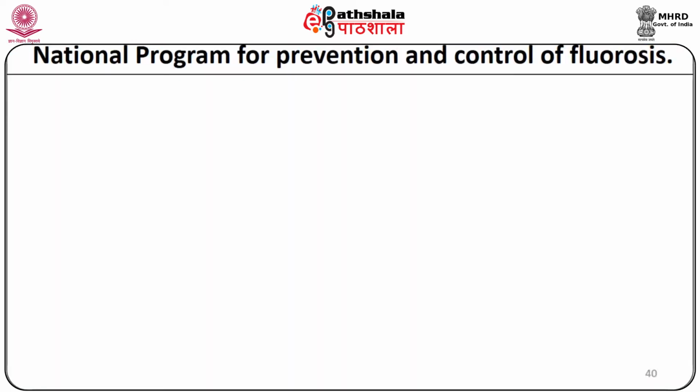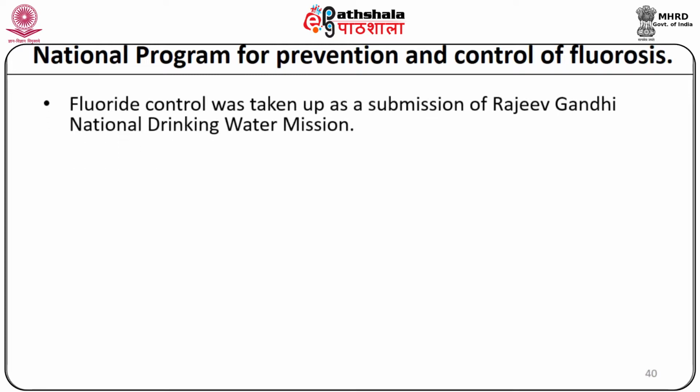In fact, the National Program for Prevention and Control of Fluorosis in India has been taken as a sub-mission of Rajiv Gandhi National Drinking Water Mission, which is a very large mission for water supply. In it, there was an attempt to provide safe water in adequate amount in terms of quantity.